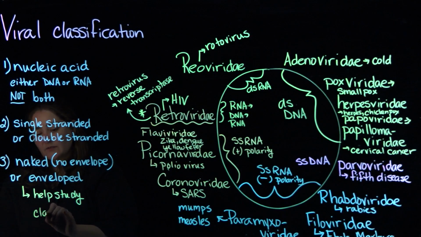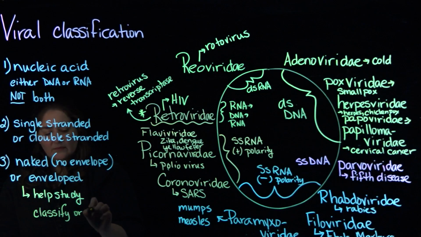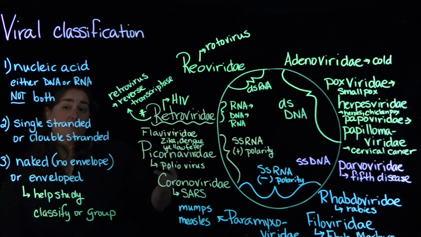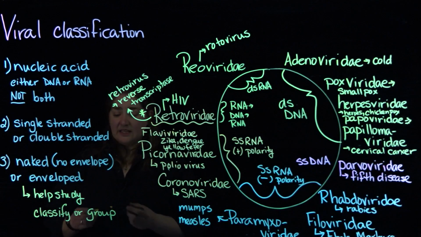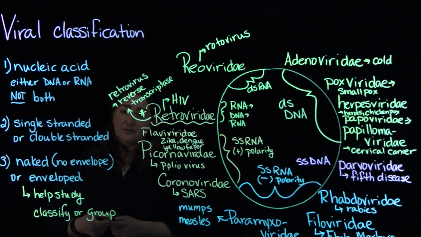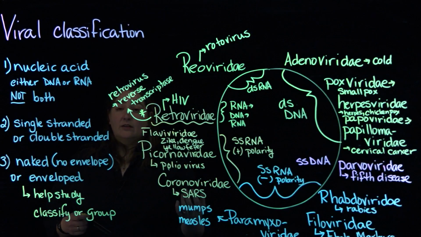Come up with a classification or grouping on which ones are naked viruses, meaning there's not an envelope around the outside of it, and those that are enveloped, those that have a cell membrane around the outside of it.